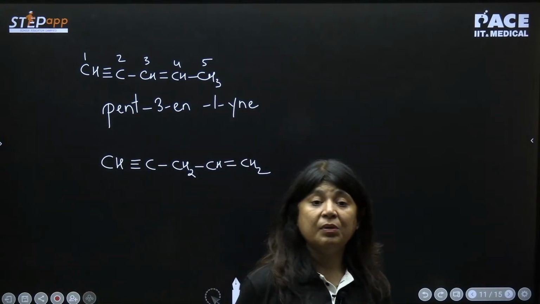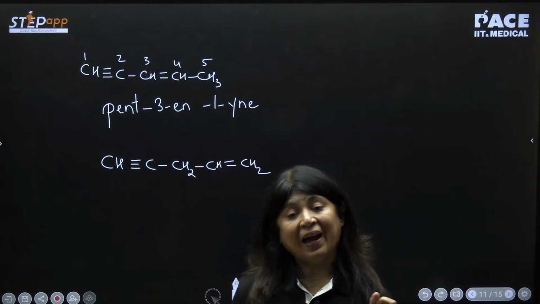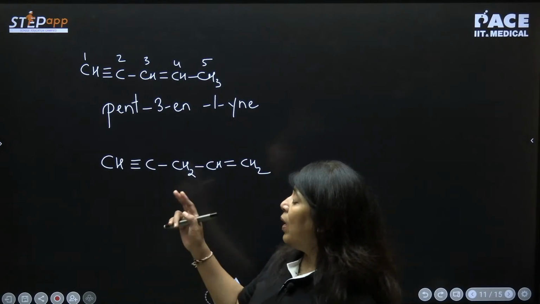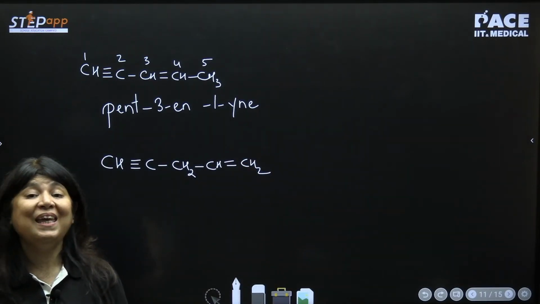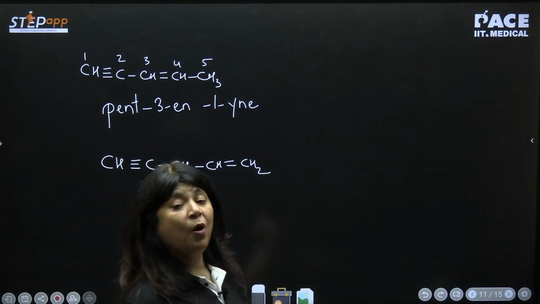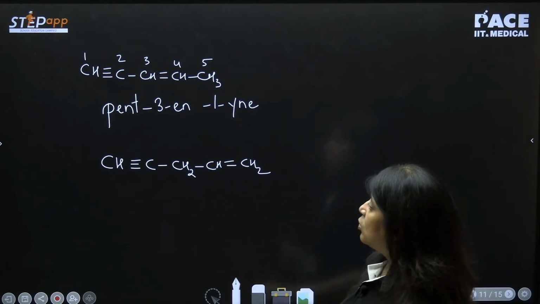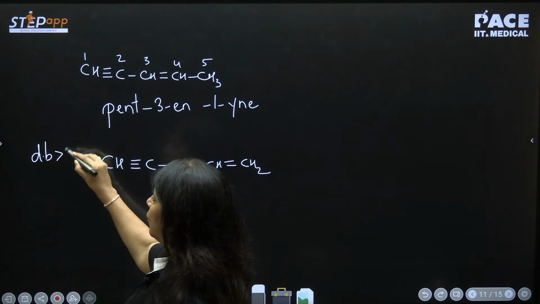So how do I name this now? Because I'm getting the same positions from either end for the double and the triple bond. So when you have the same positions coming for the double and triple bond, only then is a double bond given a higher priority over a triple bond. So a double bond here will get a higher priority over a triple bond.